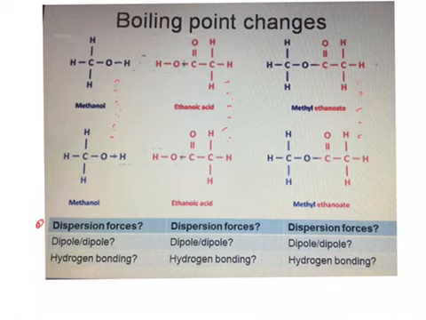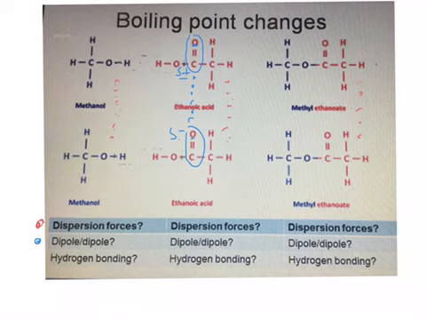And we've got a dipole-dipole possible here between ethanoic acid molecules, so there'll be an attraction between that slightly positive carbon, because that oxygen's taken more than its share of electrons, and the electronegative oxygen on another ethanoic acid molecule that's taking more than its share, plus attracting minus. So there's dipole-dipole possible between ethanoic acid molecules.